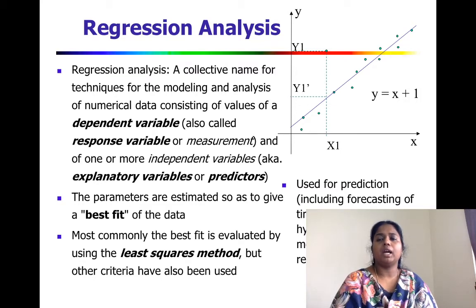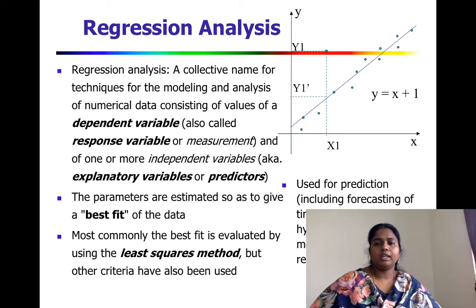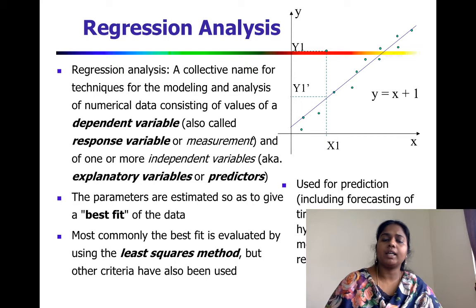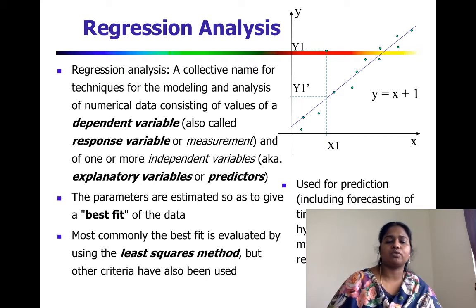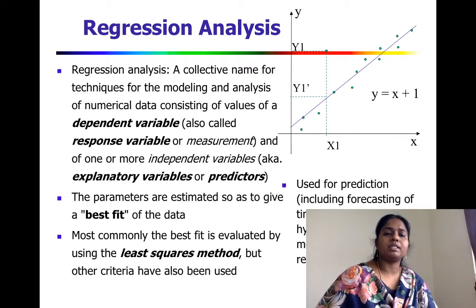When I draw a line, the line should have the least possible distance from all the points that are given to me. So I need to balance and draw a line which has least distance from most of the data points, or a line that is able to connect most of the data points. Such a line is called the best fit line. This best fit line represents the regression line for the given data.